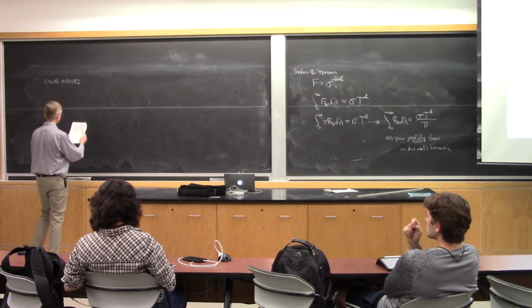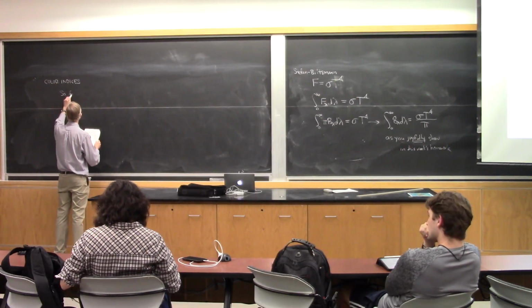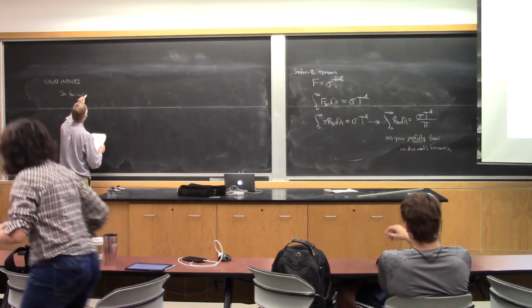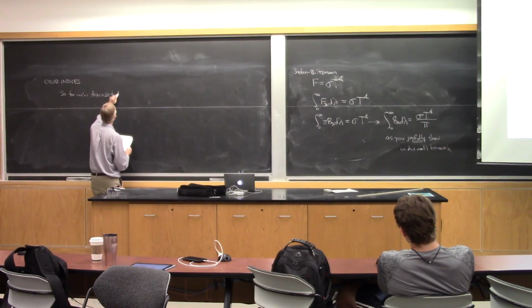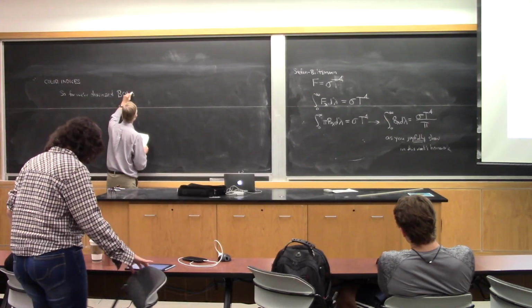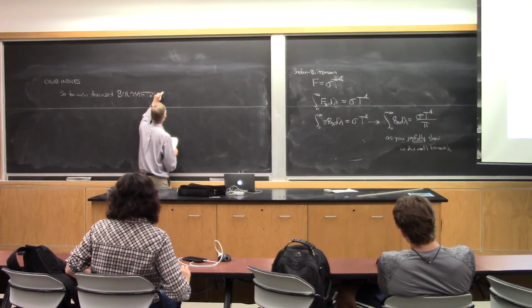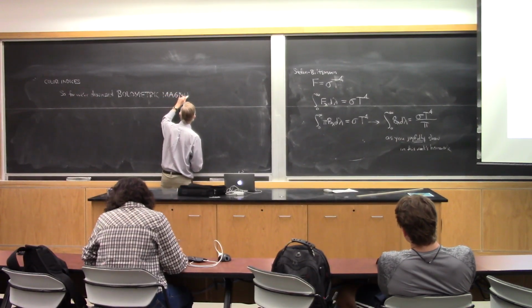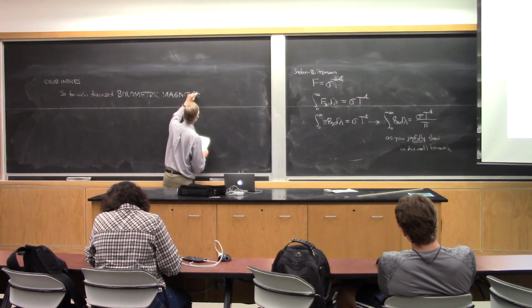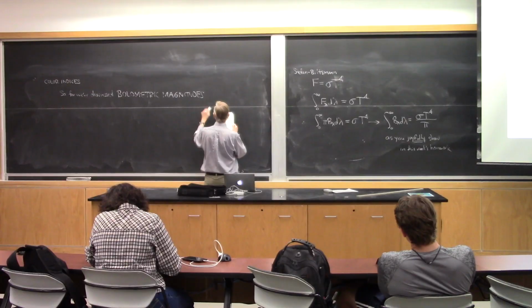Color indices. So far we've discussed so-called bolometric magnitudes, which refer to the energy received from the star integrated over all wavelengths.